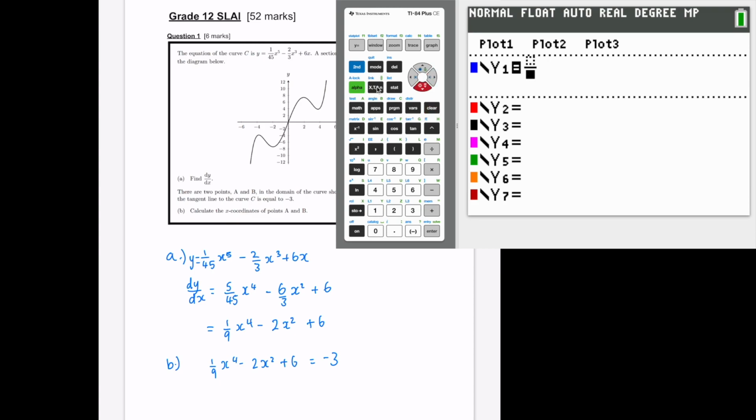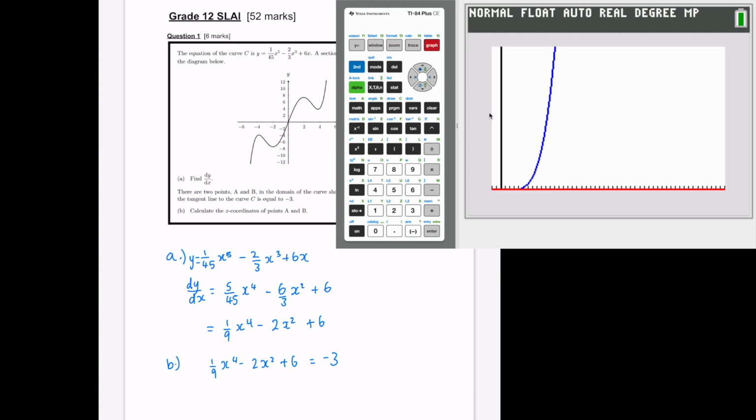So 1 over 9 x to the power of 4 minus 2x to the power of 2 plus 6. And then I'm going to plot the right hand side of my equation, which is -3. And I'm going to graph these two.